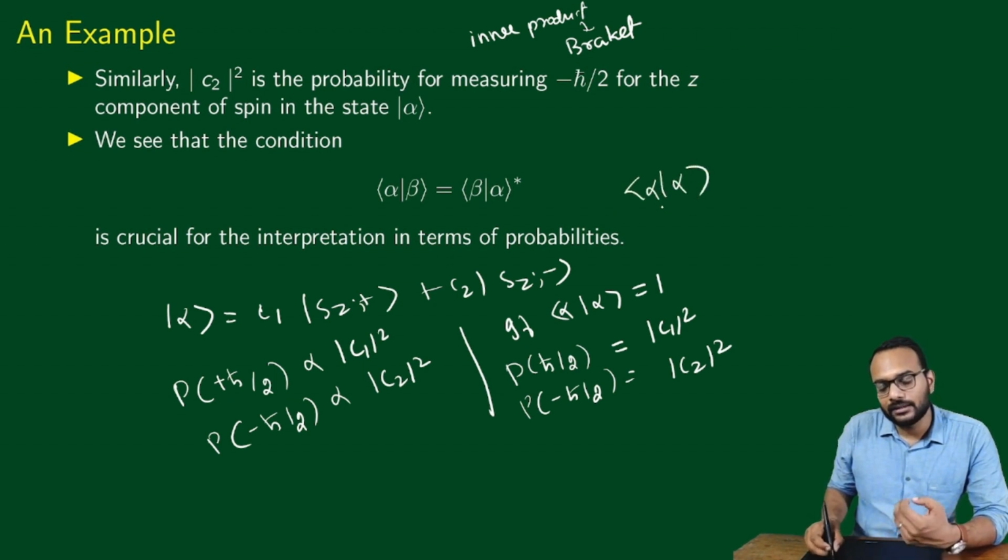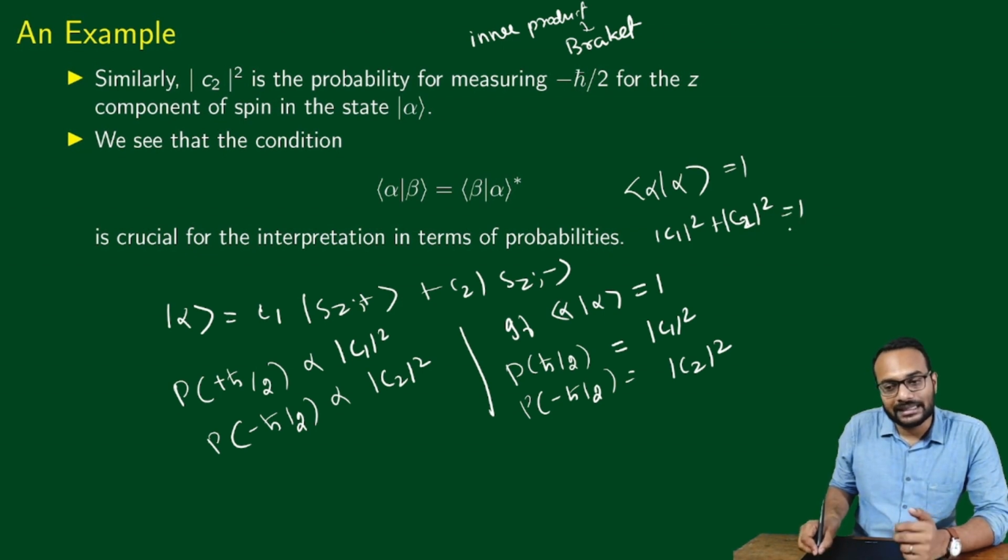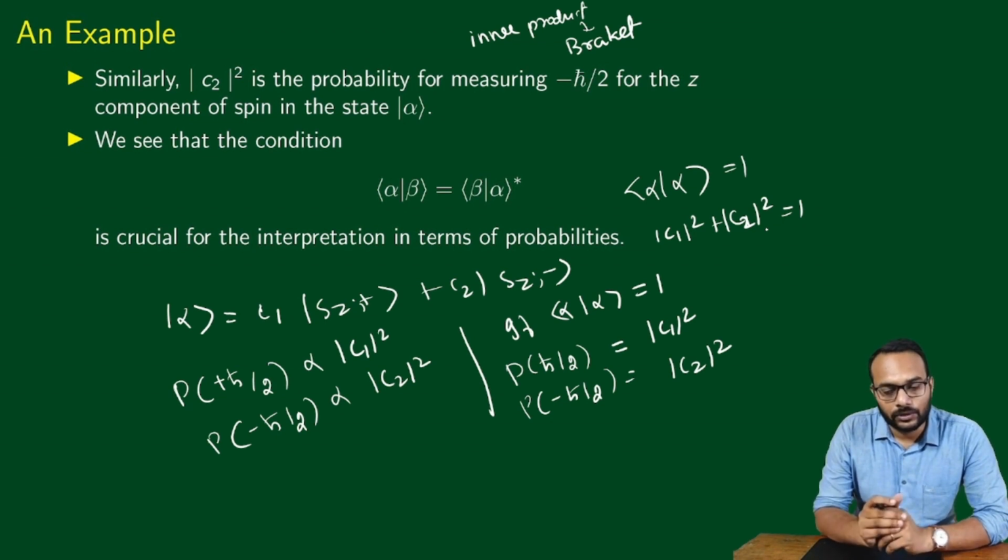Demanding that the bracket of alpha with itself equals 1 is the same as demanding that the sum of the probabilities of all possibilities adds up to 1. This is a basic thing that you might have studied when you discussed probability.